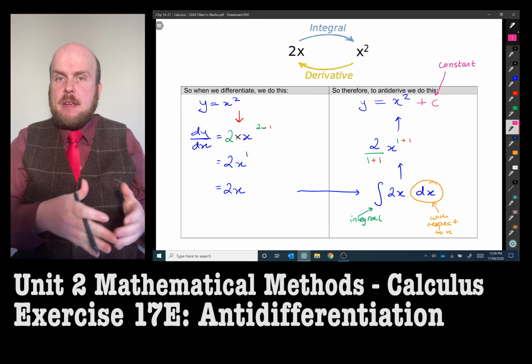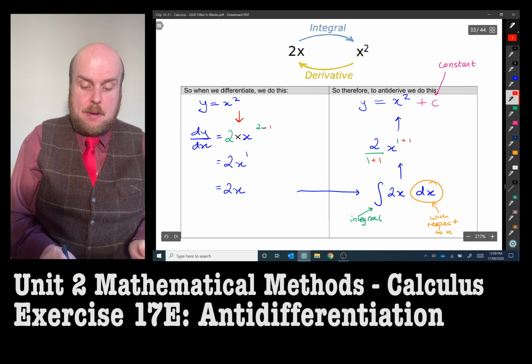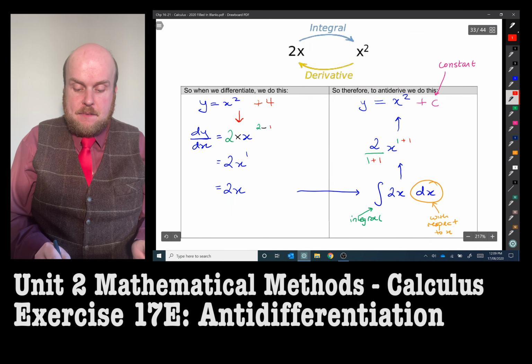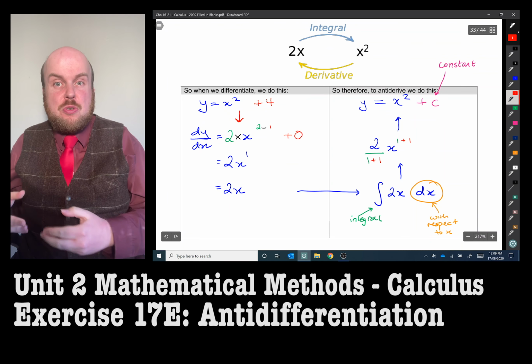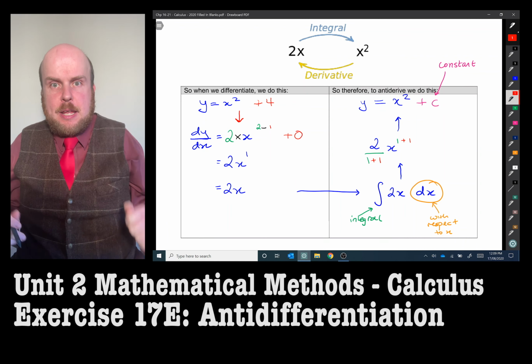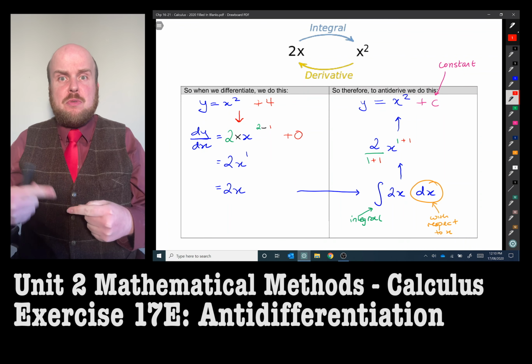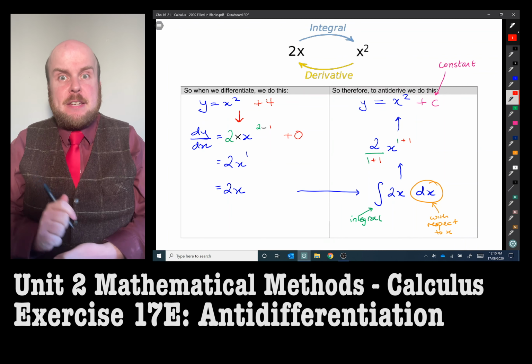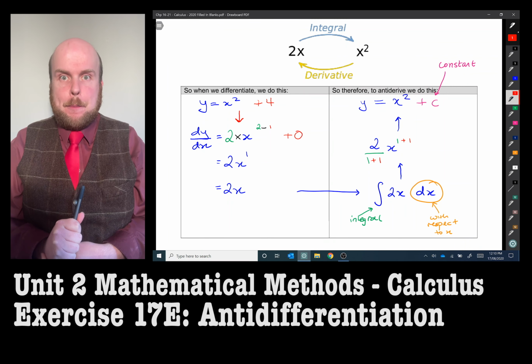For instance, if our original question was x squared plus 4, when I do the derivative, that would just become plus 0. So unfortunately, there's no way to know that there was definitely a plus 4 there. So we put this plus c as a little reminder that there might have been a constant, and we need some extra information to determine if this is so.